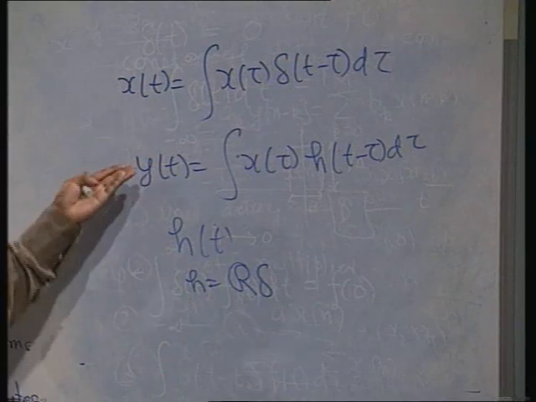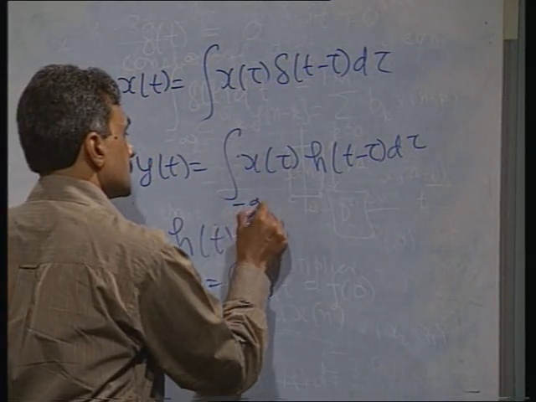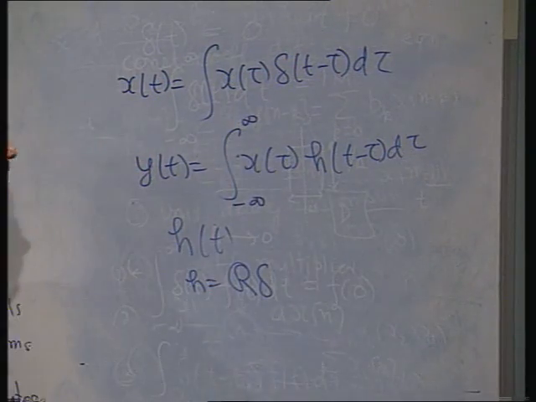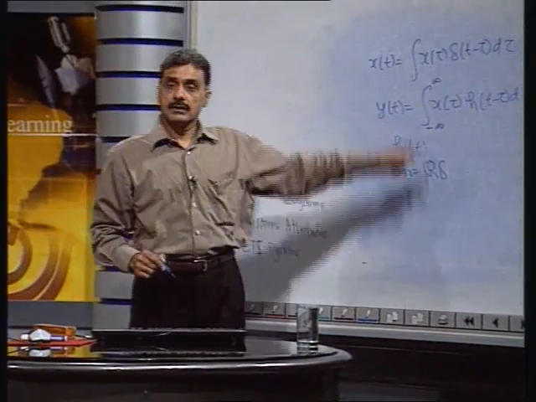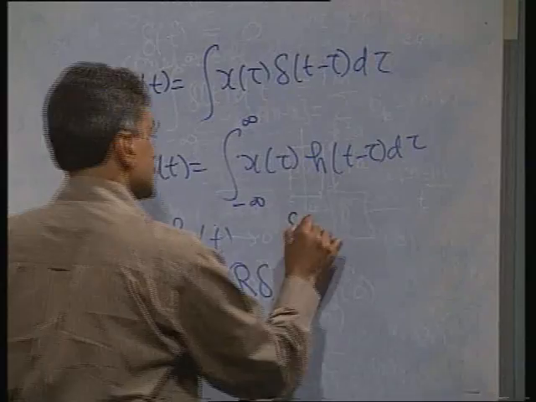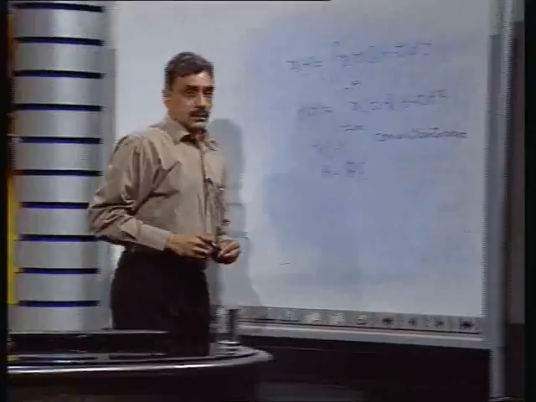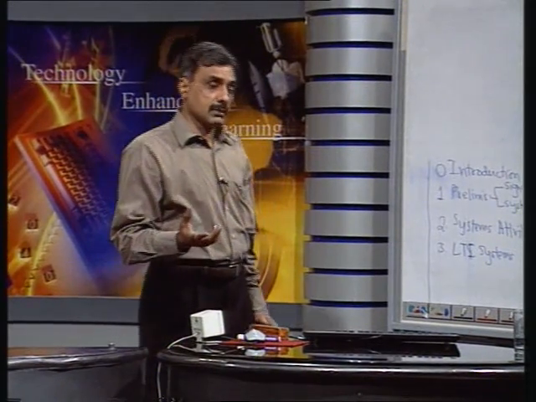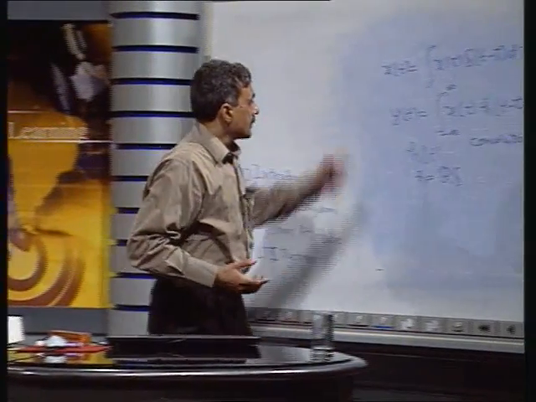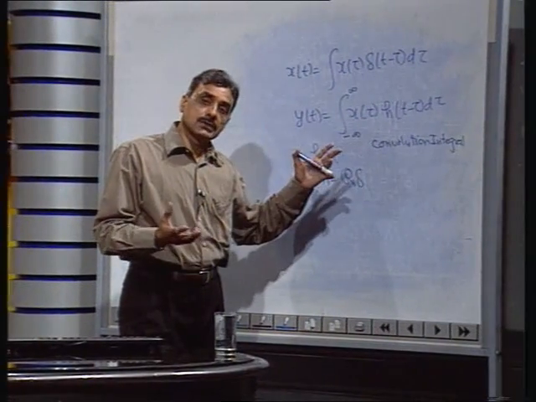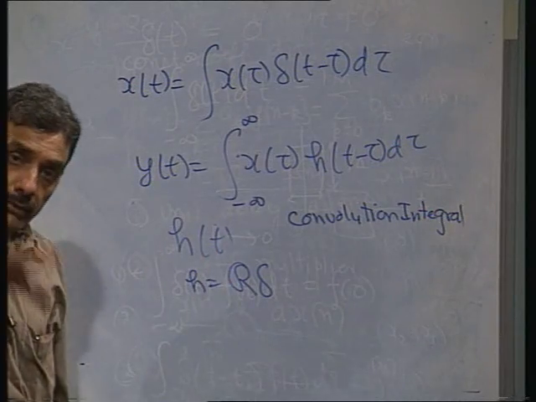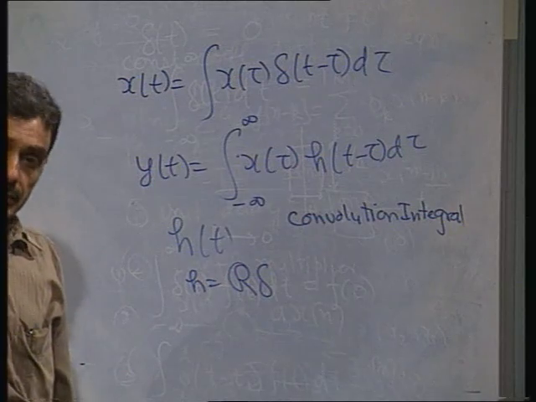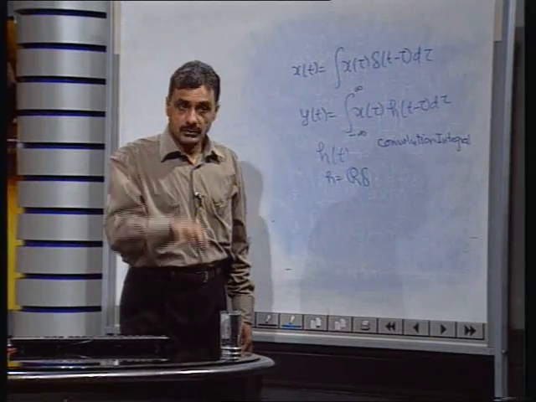Okay, so this integral, which is ranging from minus infinity to infinity, is called the convolution integral. Like the discrete time LTI system is characterized by the convolution sum, the continuous time counterpart is characterized by the convolution integral, and this convolution also is a commutative operation, an associative operation, and a distributive operation.